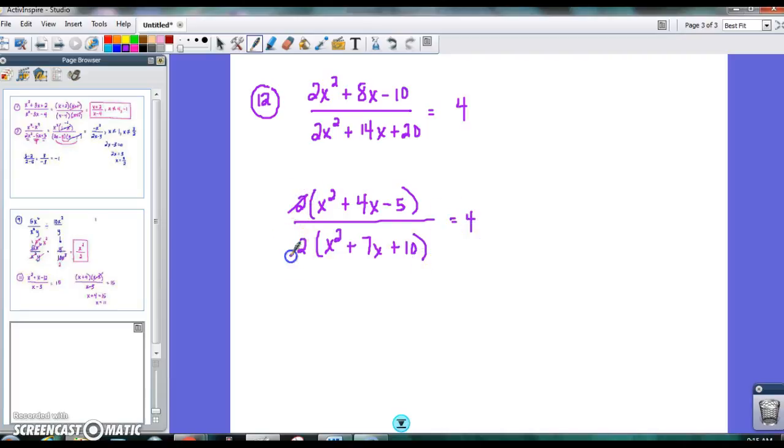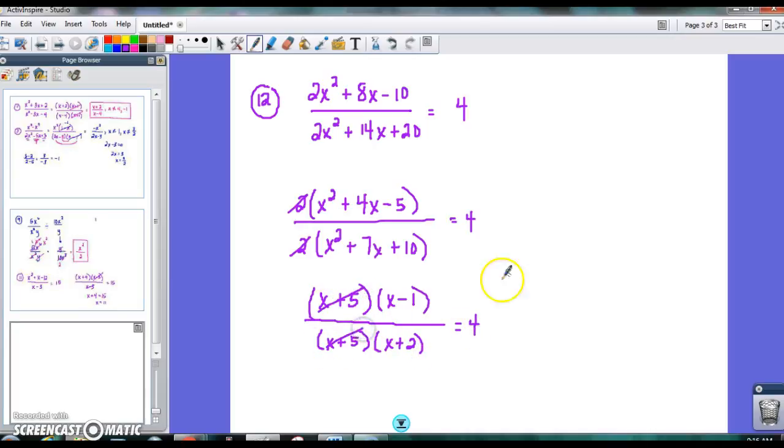So right now I can cancel those 2's. Now I'm going to factor. I have x plus 5 times x minus 1 over x plus 5 times x plus 2 is equal to 4.